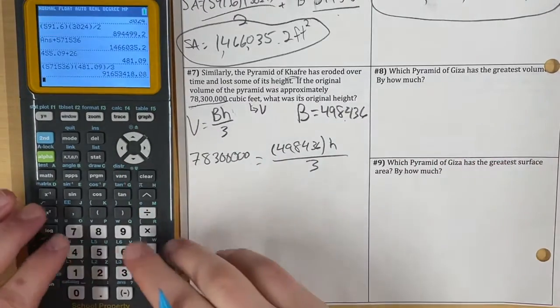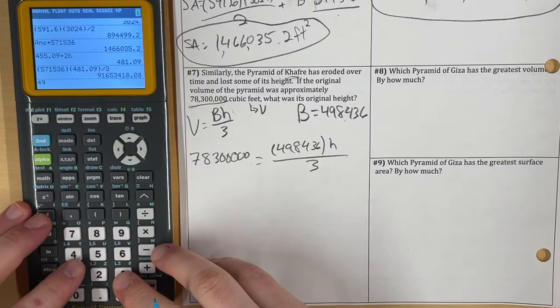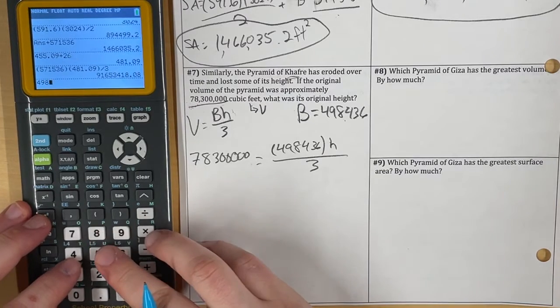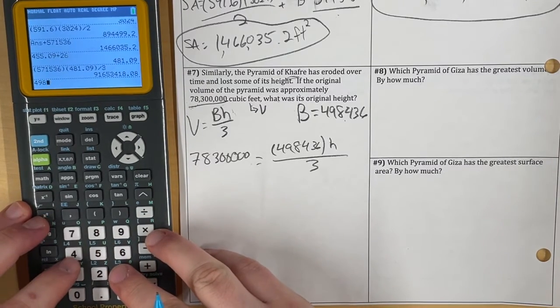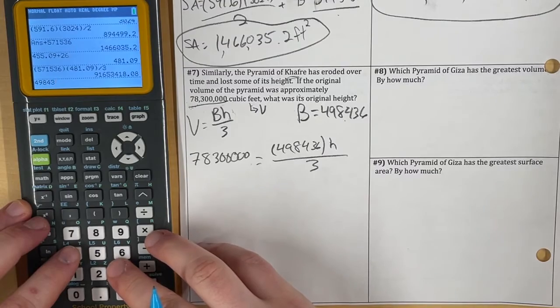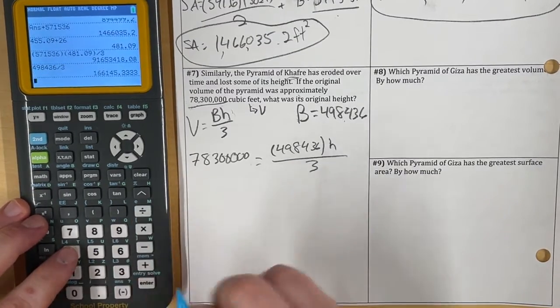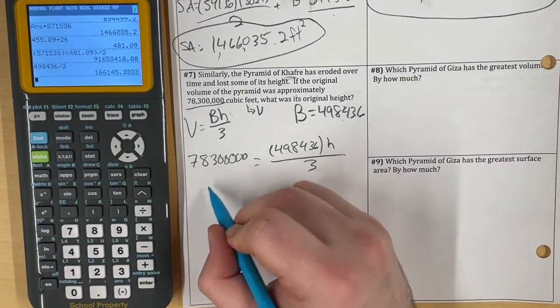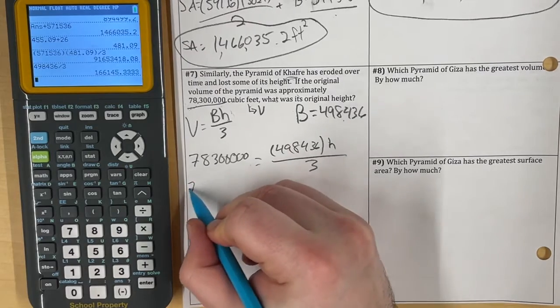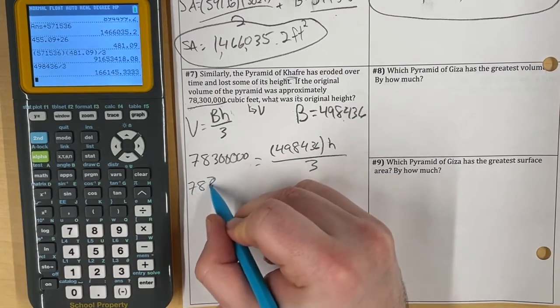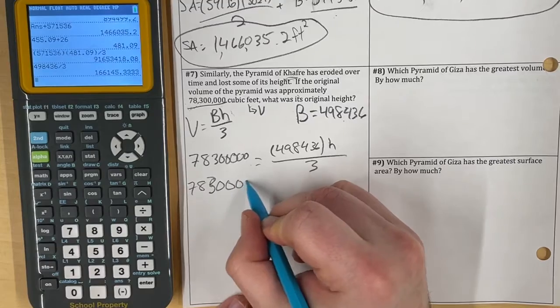I can simplify it so it's a little easier to calculate. That value divided by 3 is what I divide both sides by to get our original height.